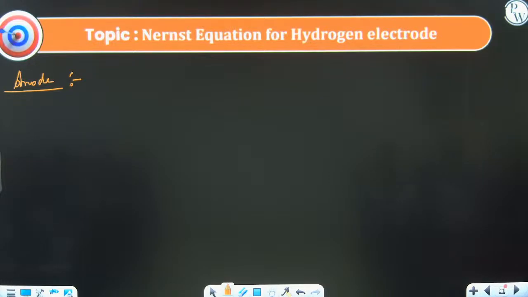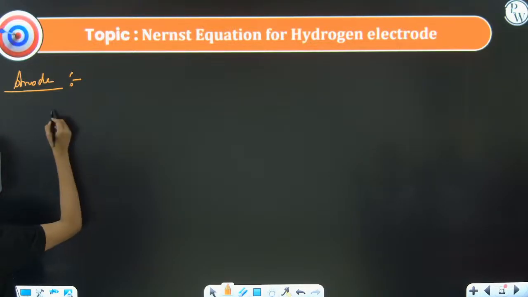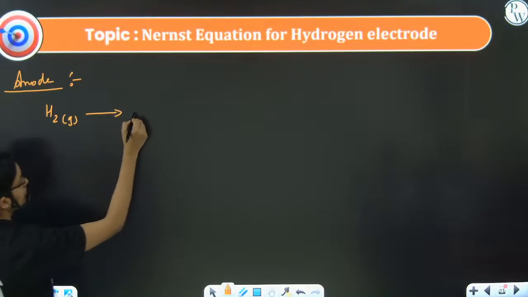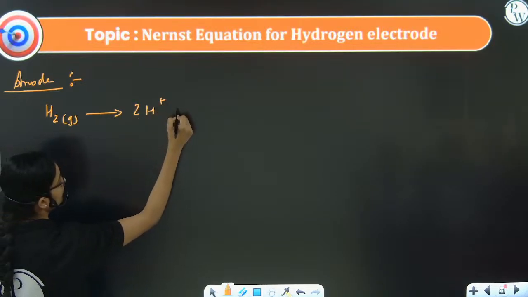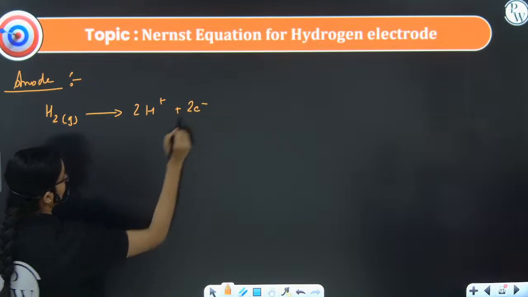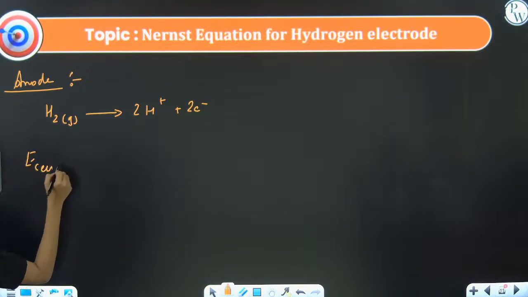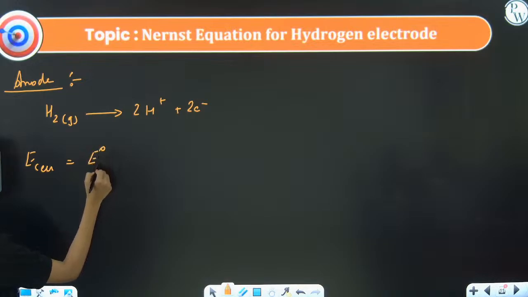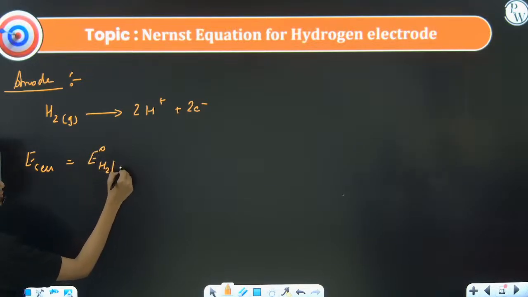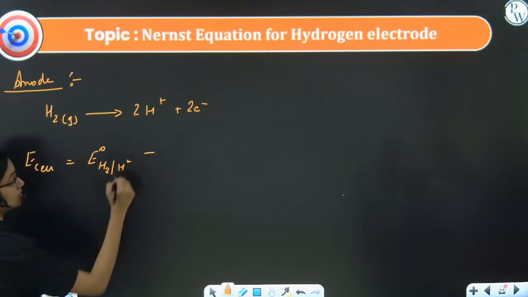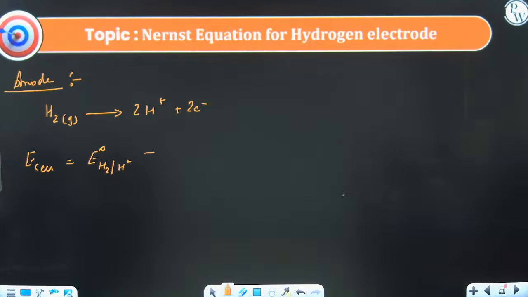H2 gives rise to, okay. If I write Nernst equation for this, it will be E cell is equals to E naught cell, means I can write E naught of H2 to H plus minus, ruko, wait, stop writing, listen first.